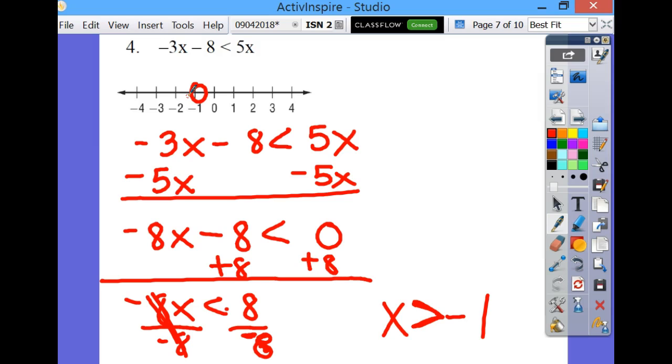Doesn't have the "or equal to," it points to the right. Any number bigger than negative 1 will make that true. You have that much written down? There is another way to solve this one.